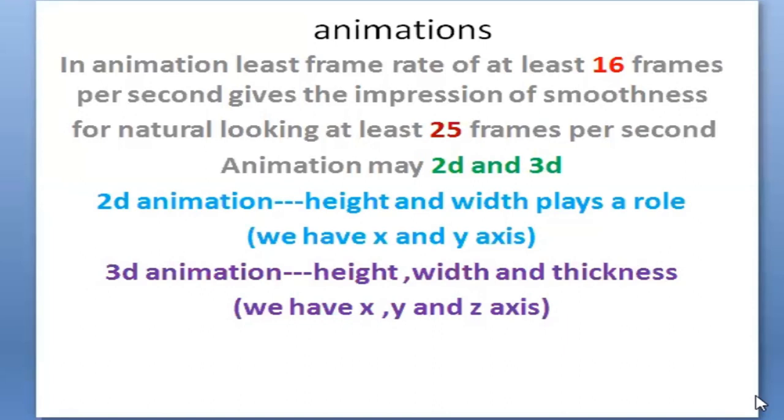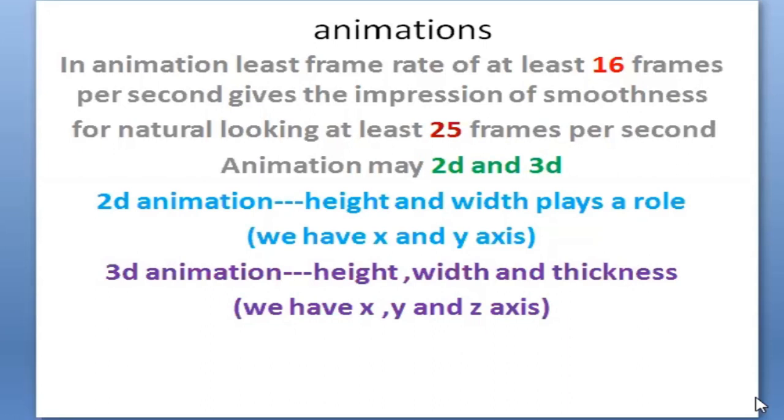Animation may be of two types: two-dimensional and three-dimensional. In two-dimensional, the height and width of the image play a role, so we say in two-dimensional we have the x-axis and y-axis.